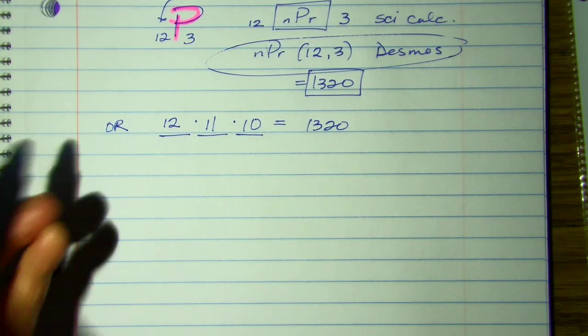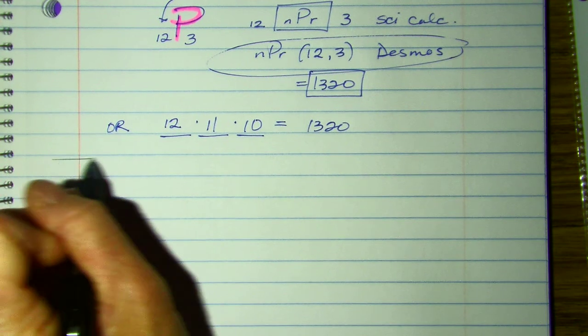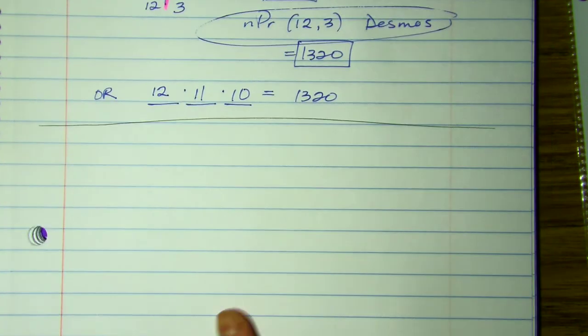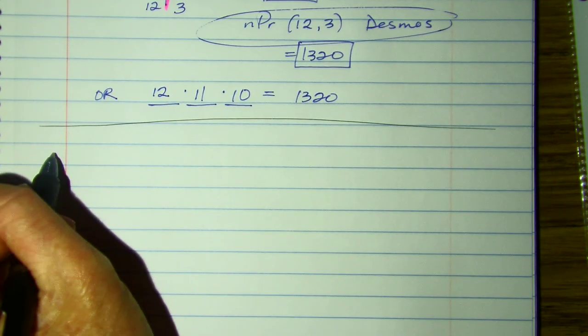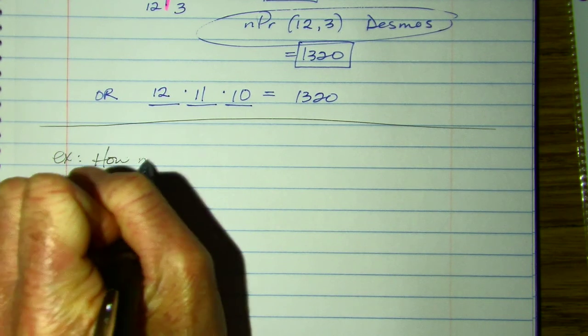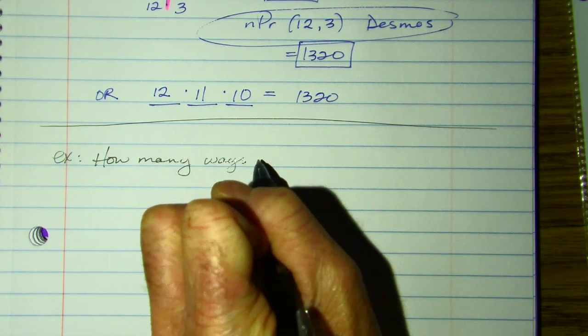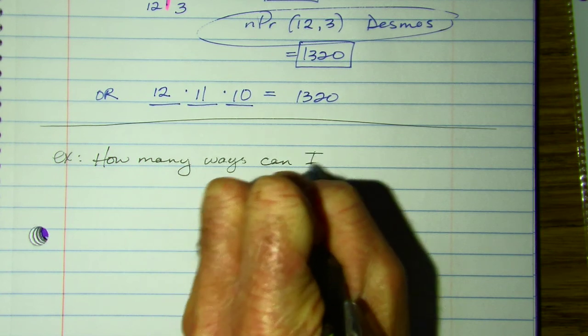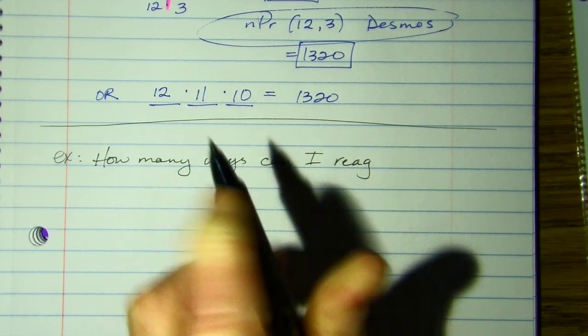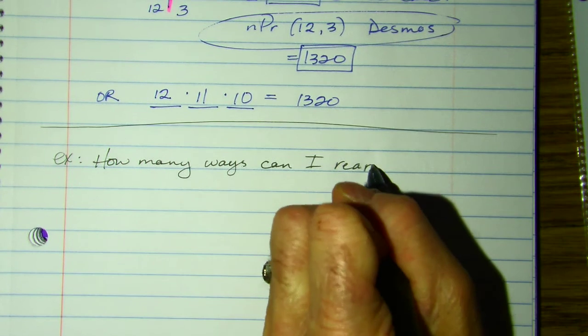Now before we jump into the next part, I want to go over a few things with you because these are the ones you'll see. So this is not in the book. How many ways can I rearrange? And these are very similar to the ones on your test.